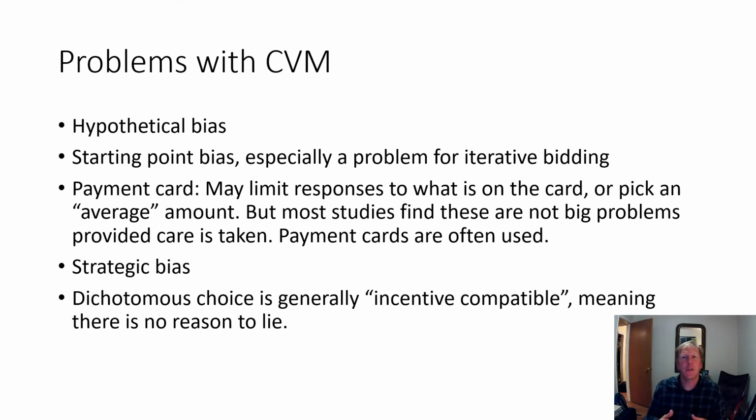And if you're doing dichotomous choice or CVM in general for your environmental issue, then you should look a little bit more into all these biases. It's pretty easy to find stuff on the web related to this, and you can steer clear of at least the obvious ones.